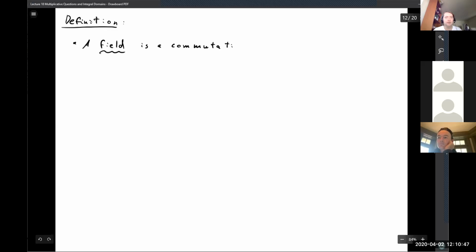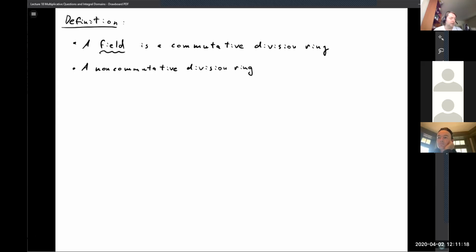A non-commutative division ring is called a strictly skew field.